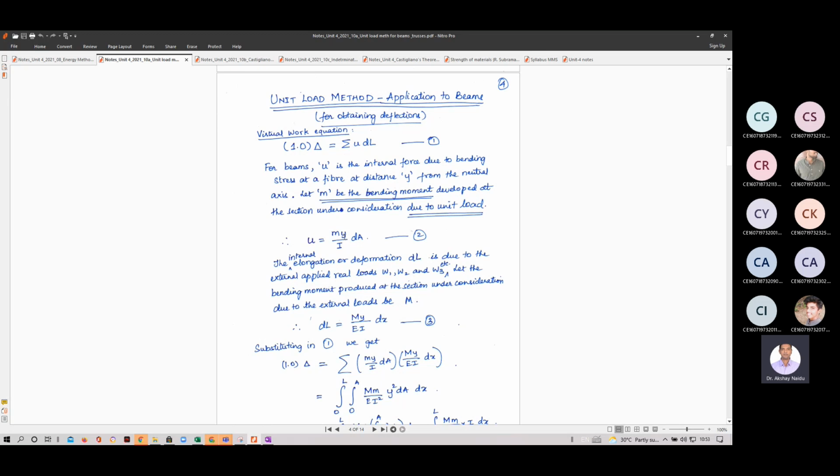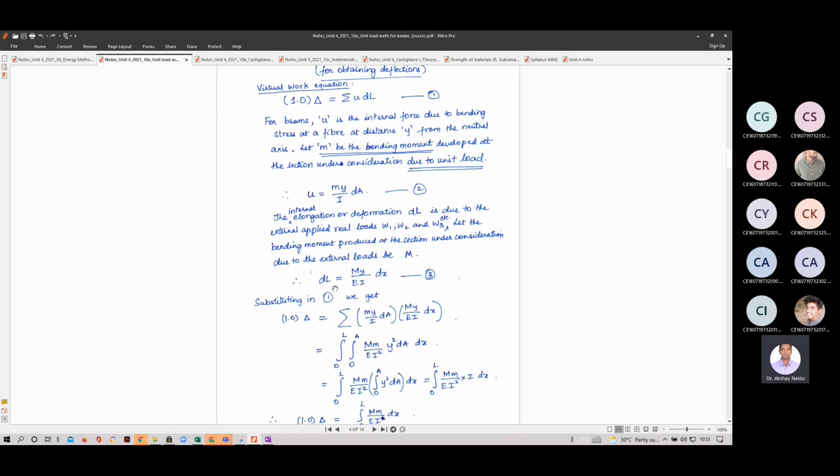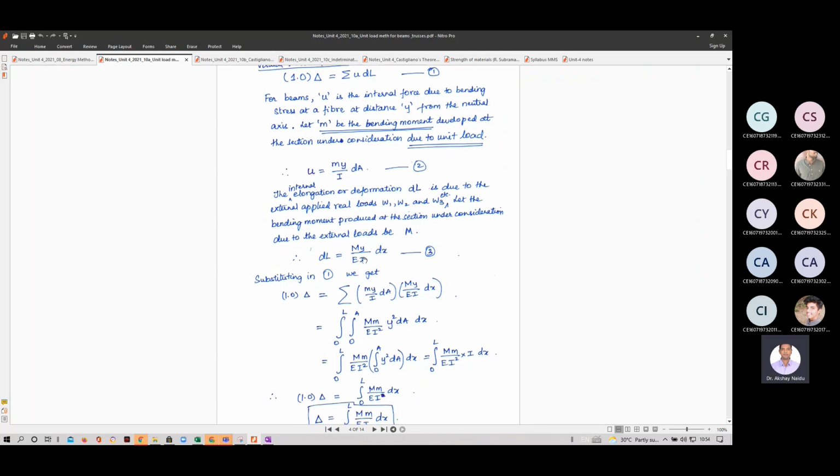So m by I is equal to F by y. So F is m by I into y. Now force will be F into area dA. So this is u. And dl is the displacement due to the actually applied loads, the internal deformation in the fiber due to applied load. That will be My by EI dx. Again, the same concept of bending stresses, M by EI.